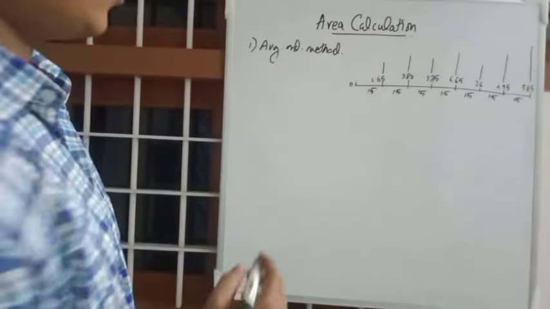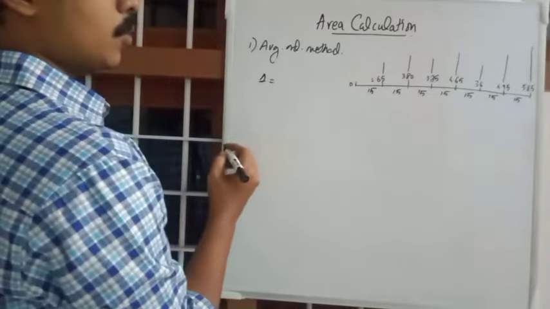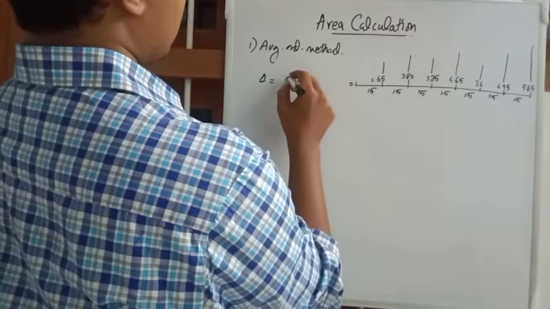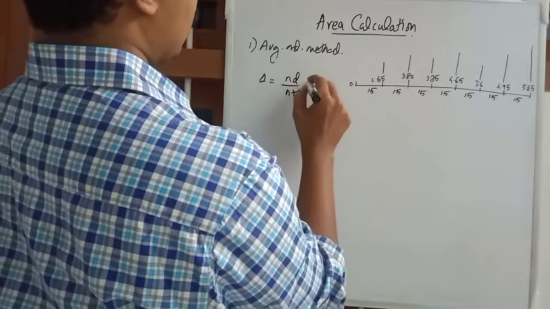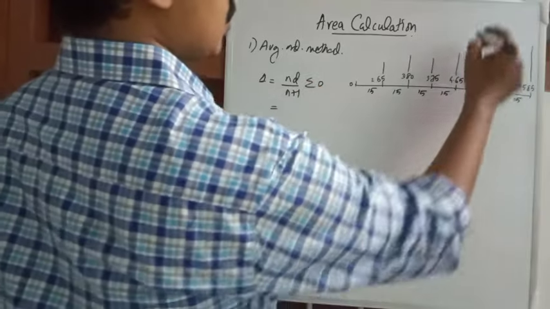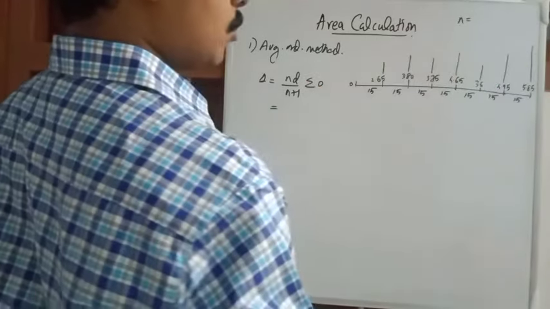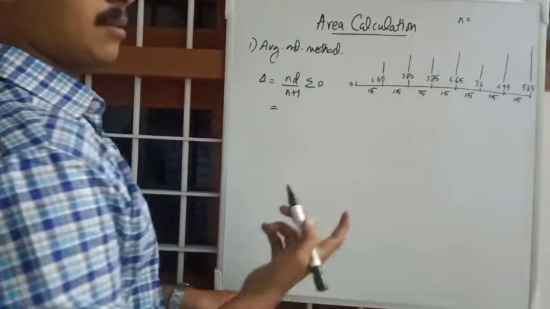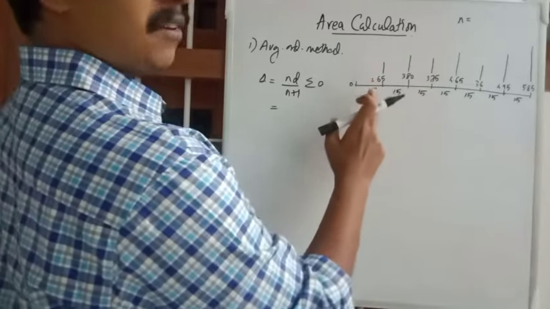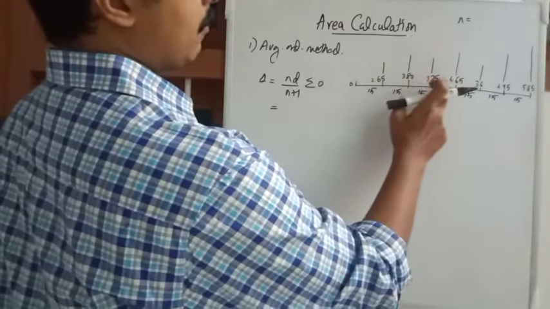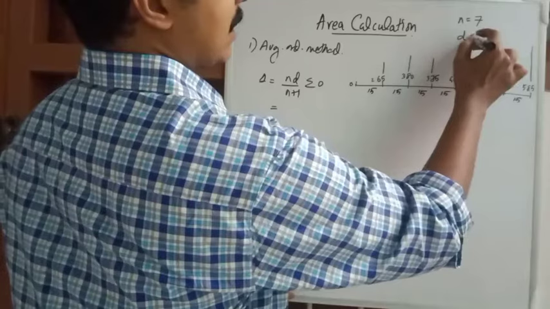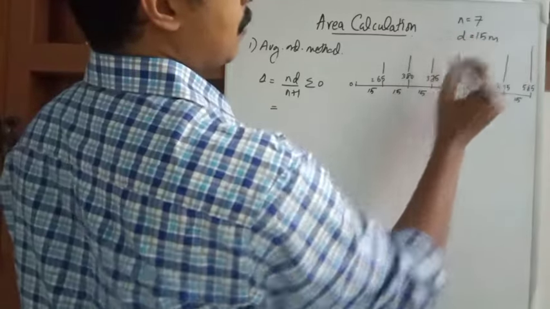That is, delta is equal to nd by n plus 1 into sigma O. Here, after drawing it or just counting the values, you can find n. The number of divisions is 1, 2, 3, 4, 5, 6, 7. So n is 7, and d is, as given in the question, 15 meters.